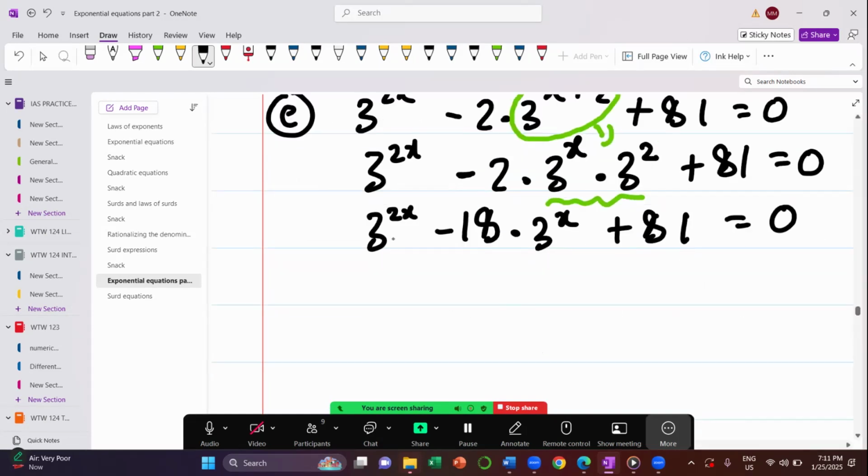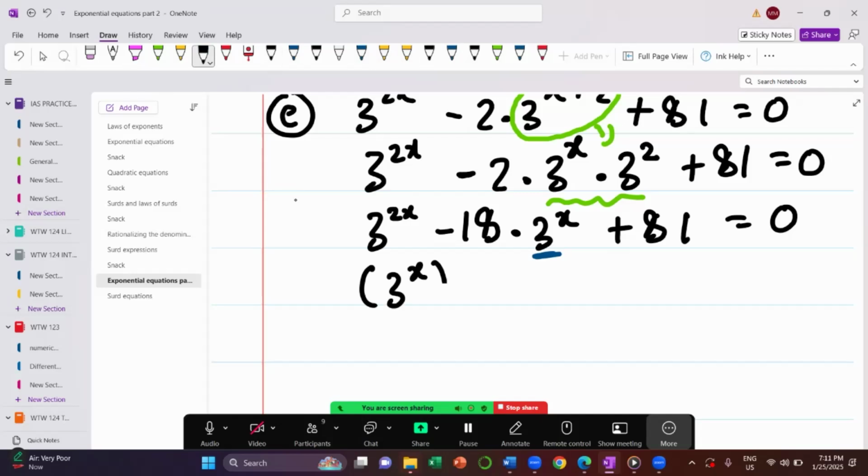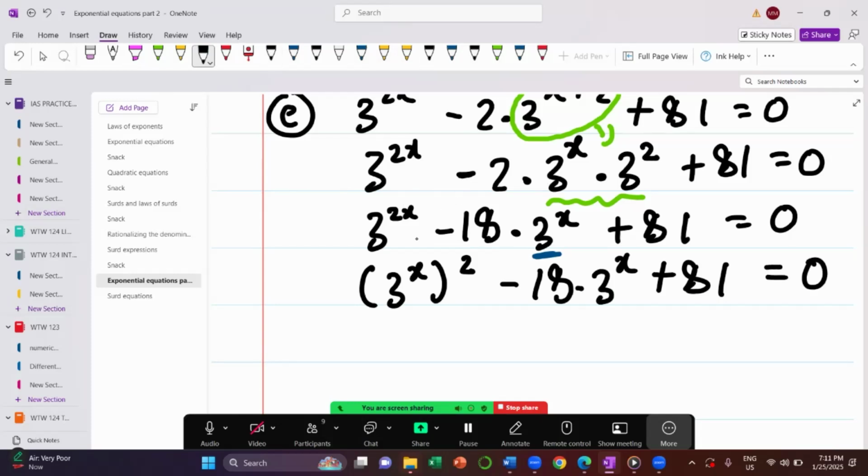So now check. Here I have 3 to the exponent of x, so I'm going to also make 3 to the exponent of x here. So I'm going to have 3 to the exponent of x, all to the exponent of 2, minus 18 times 3 to the exponent of x, plus 81, all equal to 0.